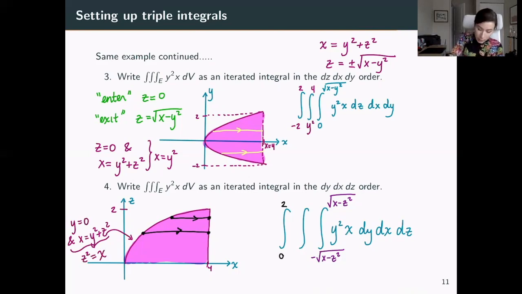We are going to enter at our curve, which is x equal to z squared, and we're always going to exit at x equal to 4. So I'm going to enter at z squared, and I'm going to exit at x equal to 4. This concludes setting up the iterated integral in all three possible ways.